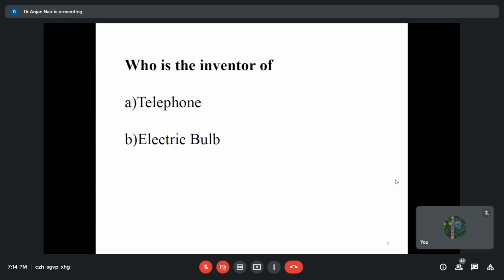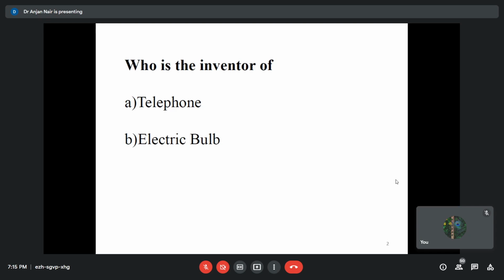Just one of you, unmute and tell the answer. Who is the inventor of the telephone? As electronic engineers, you should be able to say the answer quickly. Alexander Graham Bell. Yeah, correct. Two of you have answered. Similarly, can you tell who is the inventor of the electric bulb? Edison.